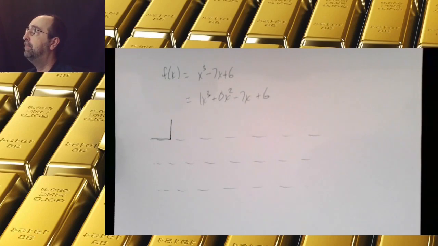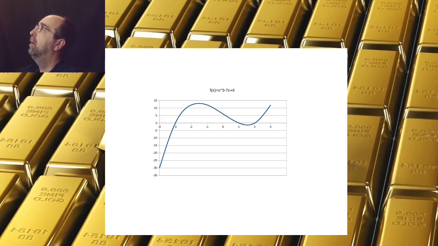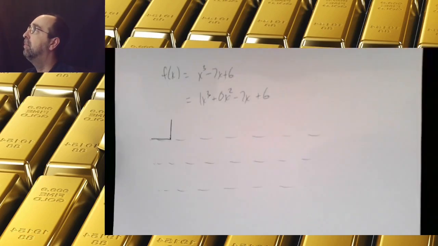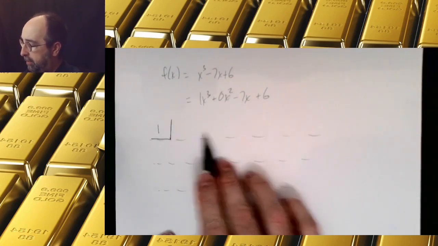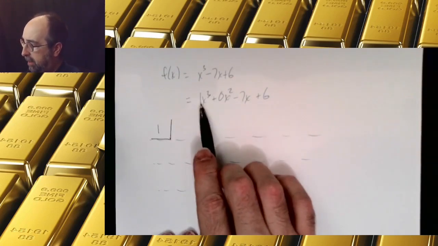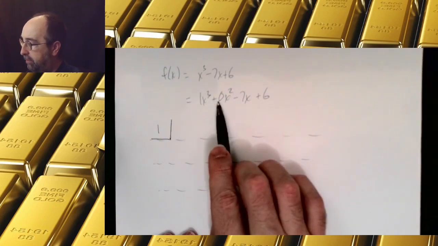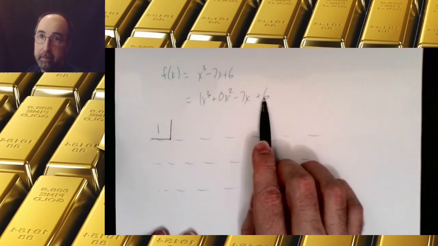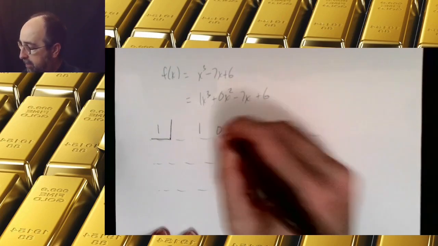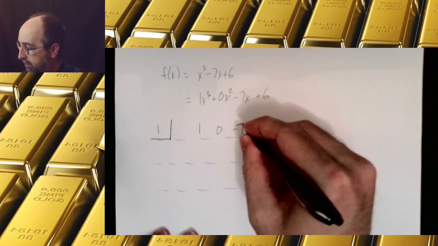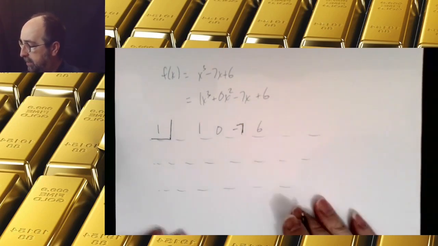So for example, since we have a choice of zeros of negative 3 and 1 and 2, I think I'll choose the 1. But you could have picked any of those. I'll put a 1 here. And the rest of this row is left for the coefficients on the polynomial that you're trying to divide using synthetic division. So I'll fill in a 1 and a 0 and a negative 7 and a positive 6.